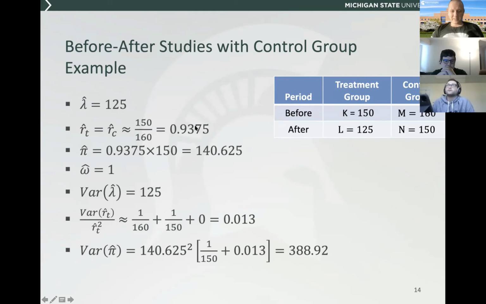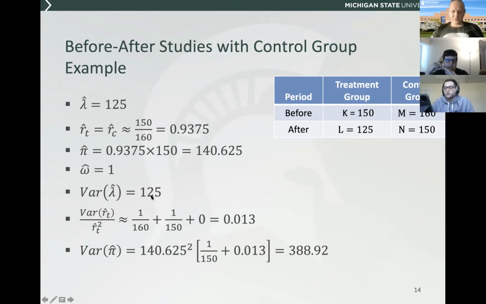And so we would expect to see that same reduction in the 150 crashes we saw in the before period, even if we didn't do anything. Okay, so if the program hadn't been implemented, instead of experiencing 150 crashes, we would have expected to see around 140. Okay, and so consequently then, we're evaluating a reduction from that 140.625 to the 125 that we had actually experienced. Okay. As noted previously, we're assuming this same ratio applies for both the treatment and control groups.